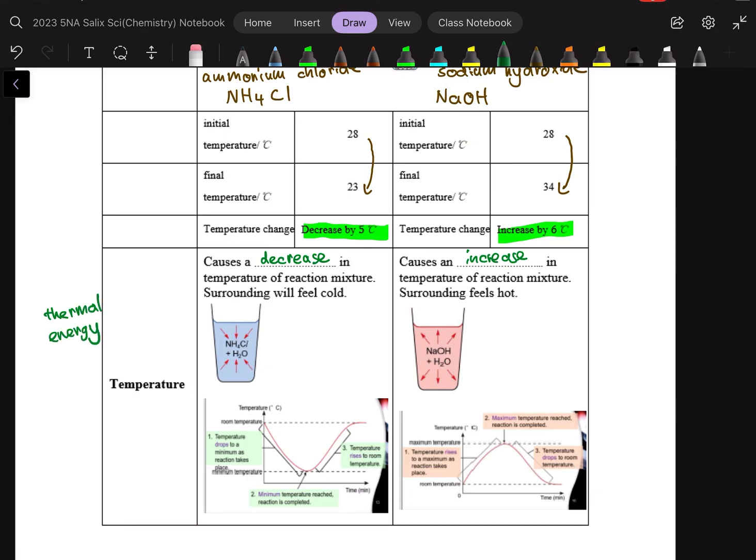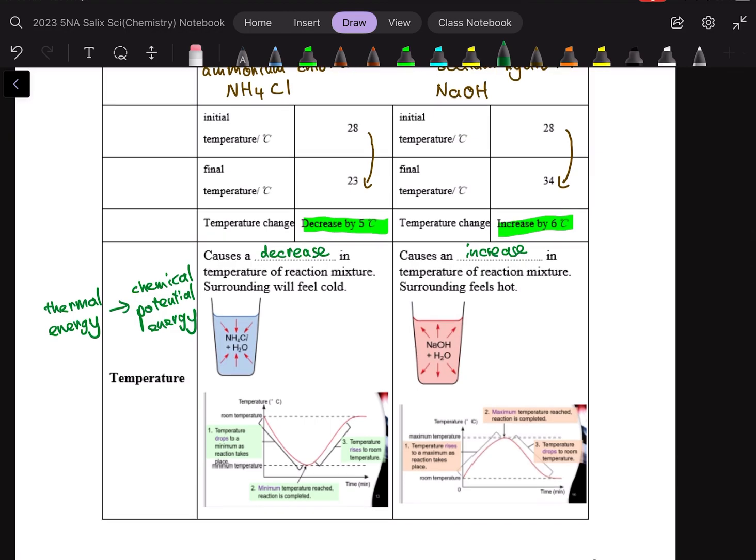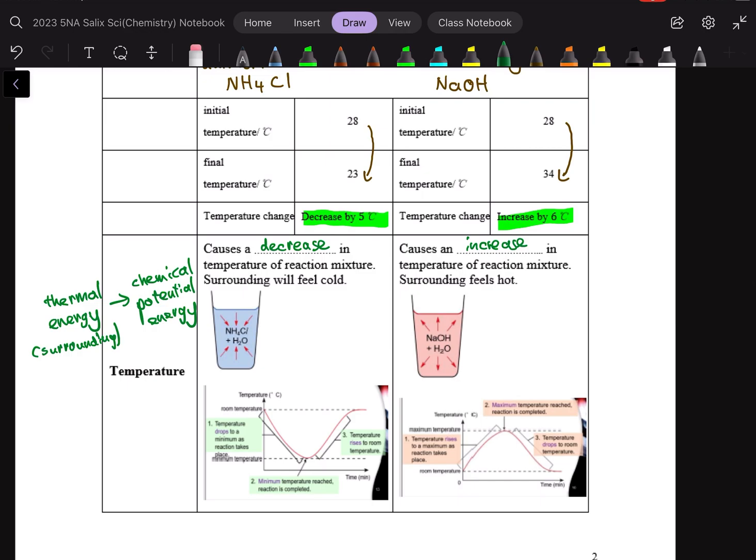For the endothermic case, thermal energy from the surrounding is converted to chemical potential energy. For the exothermic case, the chemical potential energy is converted to thermal energy in the surrounding.